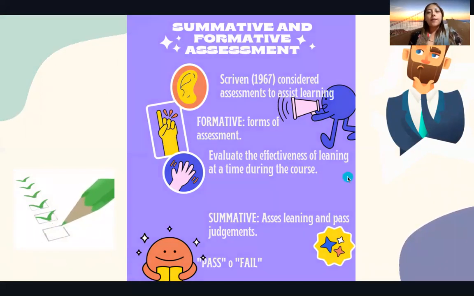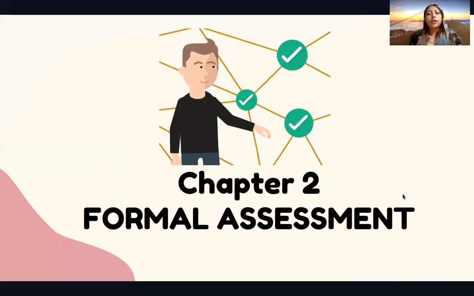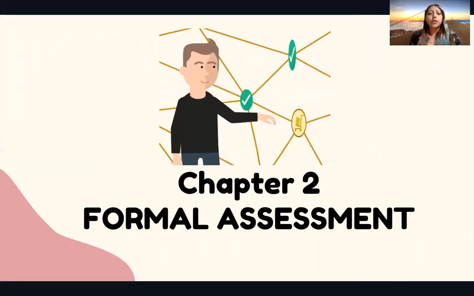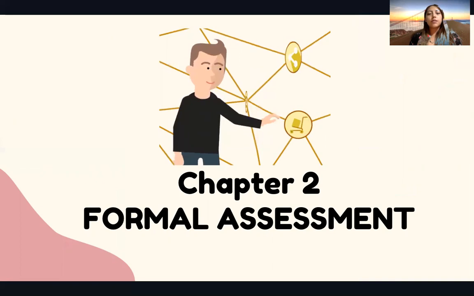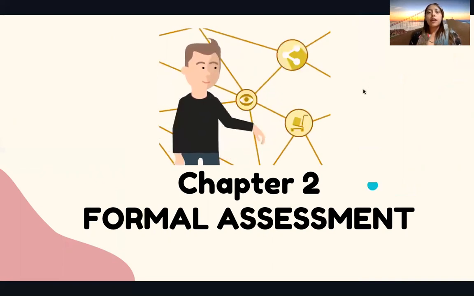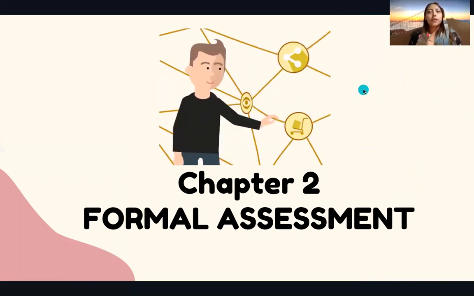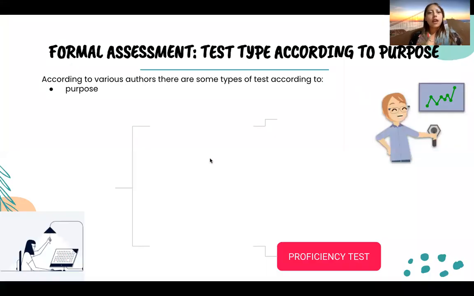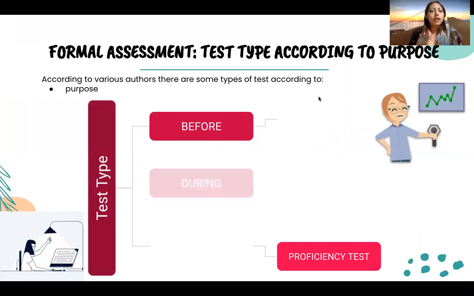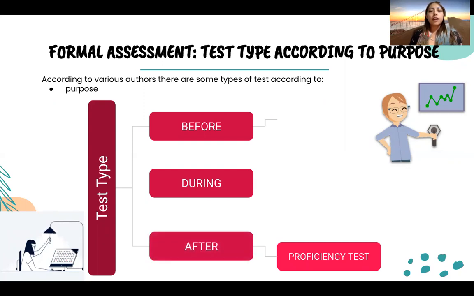Well, in order to continue, we are going to analyze chapter number 2, which is more focused on formal assessment. In this part, we do a presentation. We can identify that there are test types according to purpose, and the test types are before, during, and after.